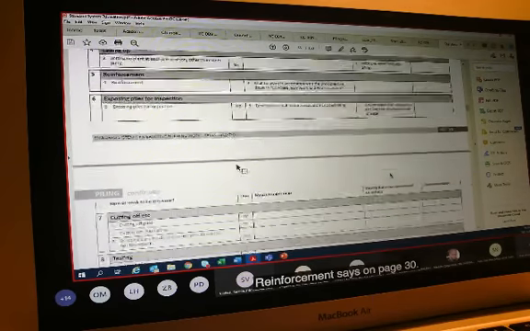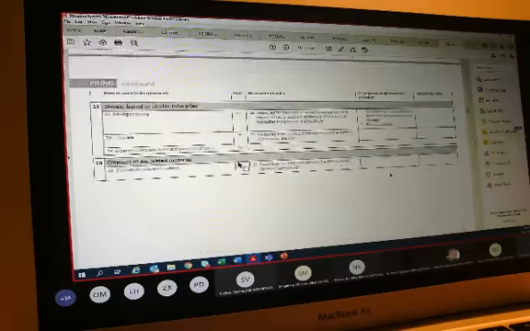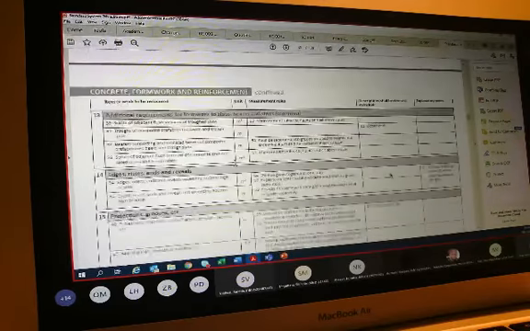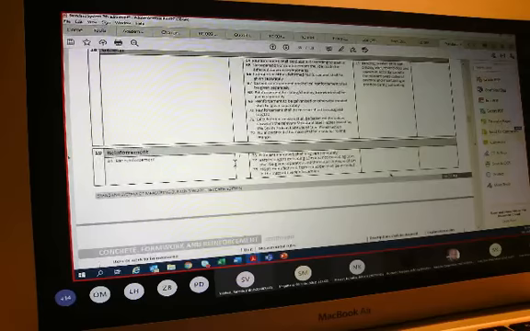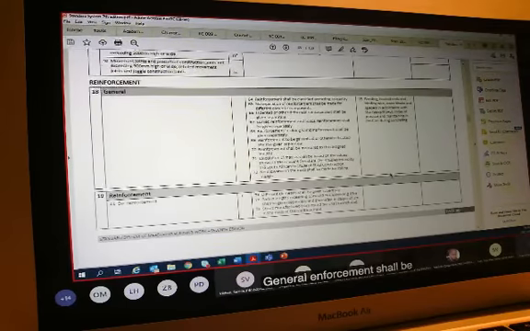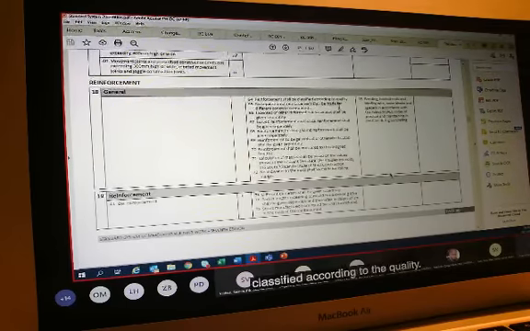So I'll just go there. It tells me that steel reinforcement shall be given in accordance with the principles laid down in concrete formwork and reinforcement.